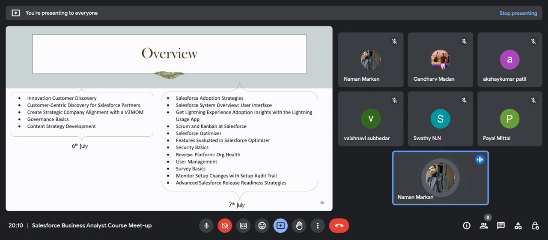We also looked into tools like Salesforce Optimizer, and security models, how an admin ensures that data is secured, and how we can ensure that our Salesforce org is excellent in order to build certain processes into it. We also looked into setup, how we can check the audit trail and what changes have been made. We looked into readiness for release updates, and how we can keep a Salesforce org compatible with new releases.